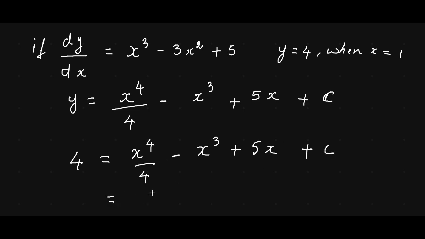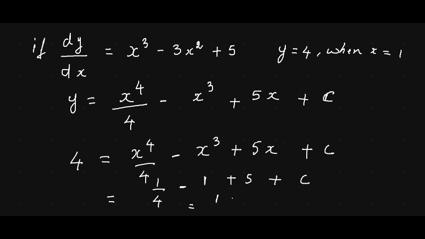So that is equal to x to the power of 4, x is 1, so that is 1 by 4 minus 1 plus 5 plus c, right? That is equal to 4. So maybe that is the issue.